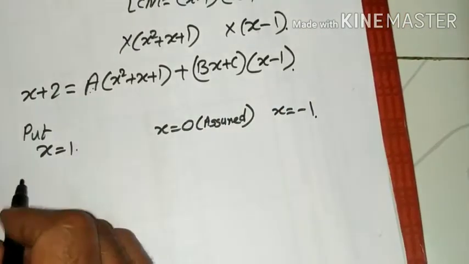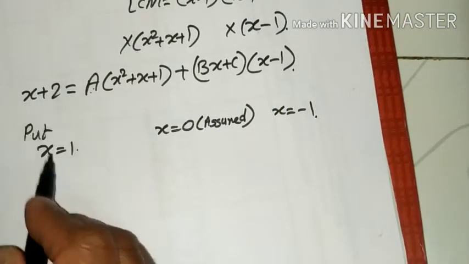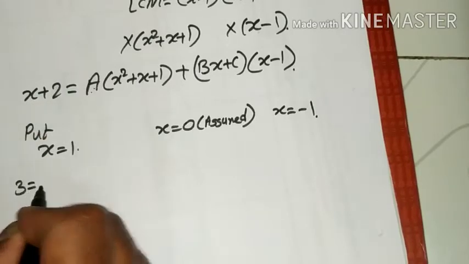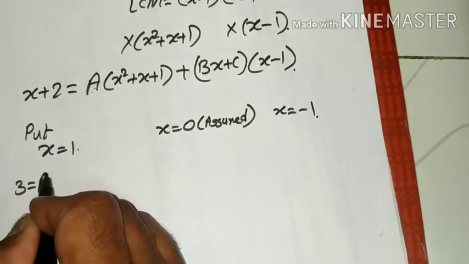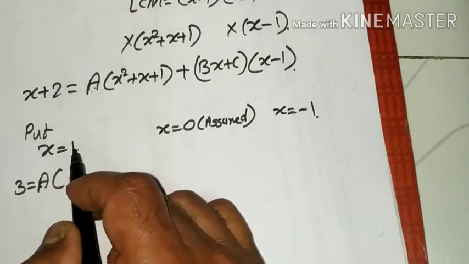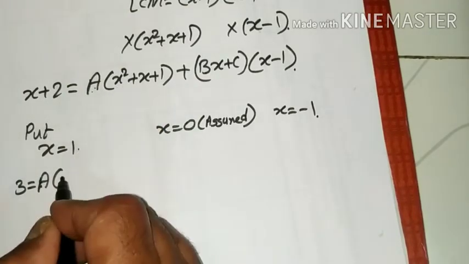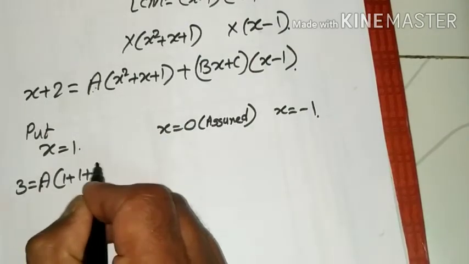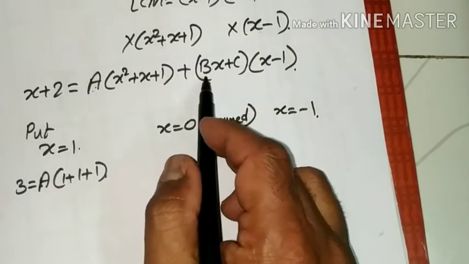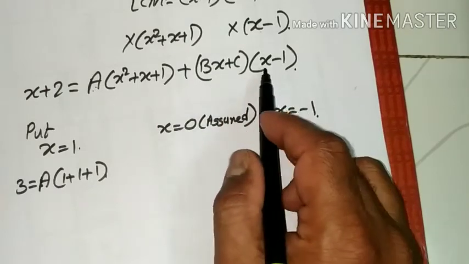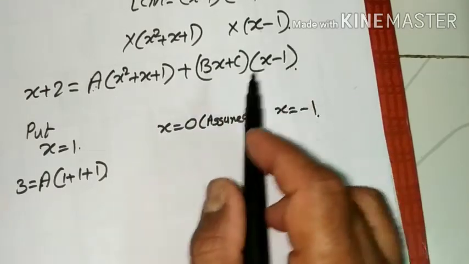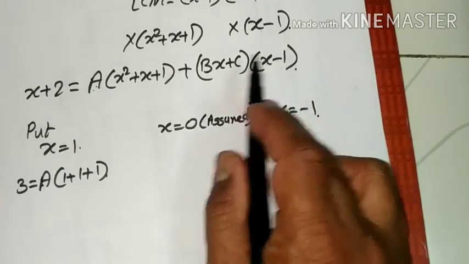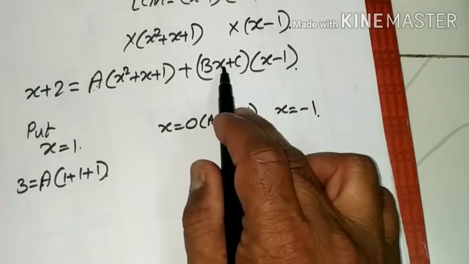Now put x equals 1 in this equation. We get 1 plus 2, that is 3, is equal to A into (1 square, which is 1, plus 1 plus 1), and in the second term x minus 1 becomes 1 minus 1, which is 0, and 0 into any value is 0.